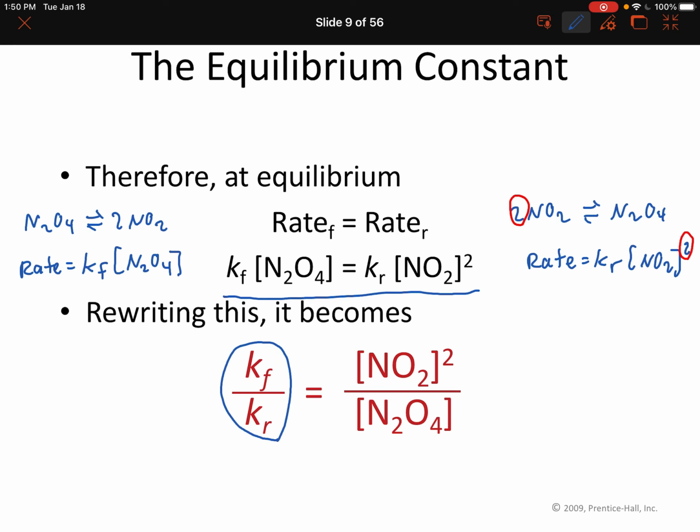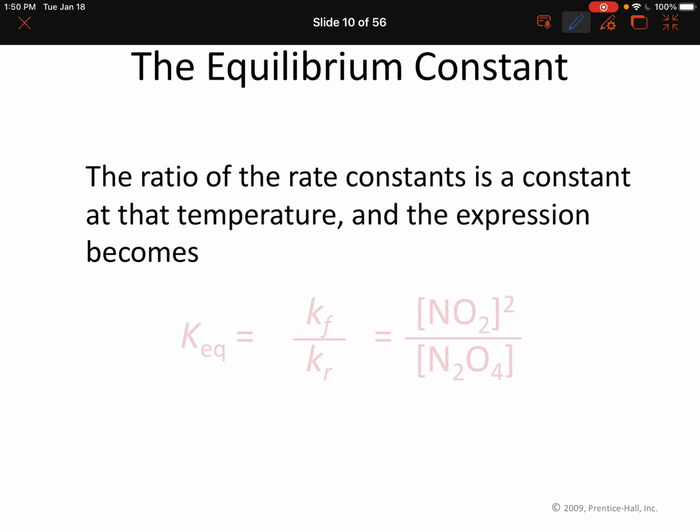On the left side we have the forward rate constant divided by the reverse rate constant, and that equals the molarities of our components, with product up top and reactant down below. NO2 is up top, N2O4 is down below. This is how we define the equilibrium constant: the ratio of the forward and reverse rate constants.